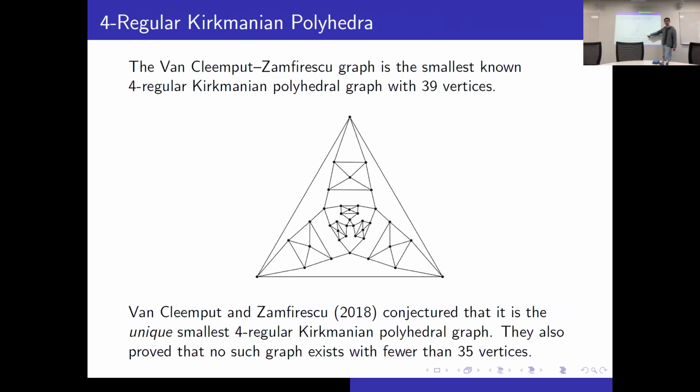It is a very interesting graph found by Van Hilgut and Zabilescu, so it's by Carroll. It has 39 vertices. And they conjecture that it is the unique, smallest 4-regular Kirkmanian polyhedral graph.